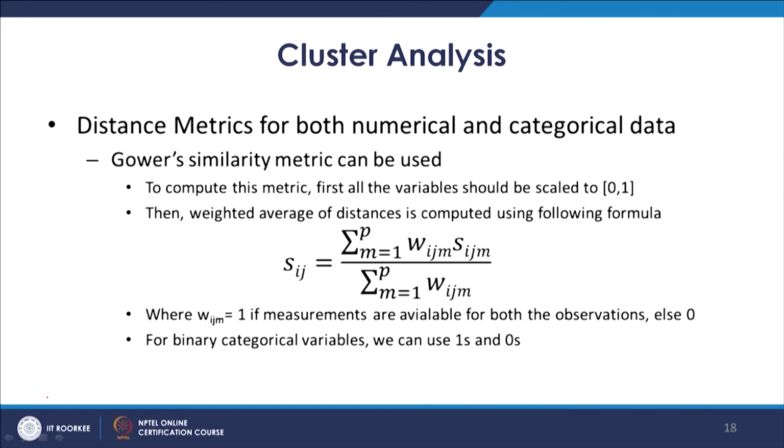So, how do we go about doing our task of clustering? For that we need some similarity matrix or distance matrix which can be used for both kinds of data. There is one such matrix, Gower's similarity matrix. We will discuss this one in the next lecture.